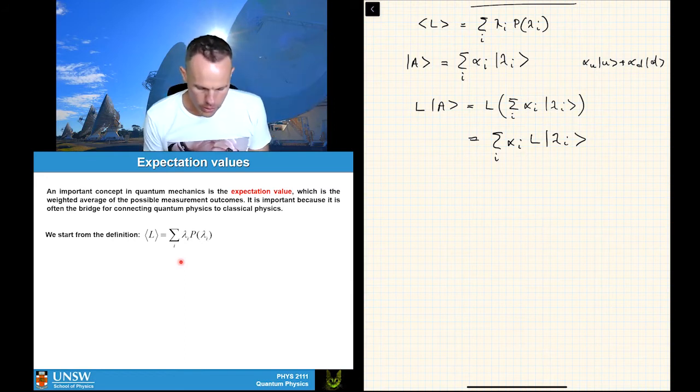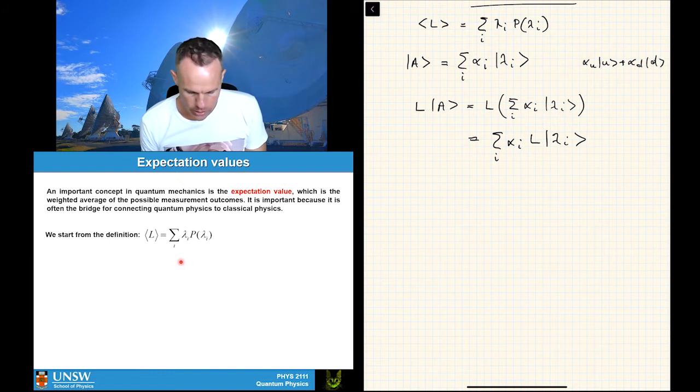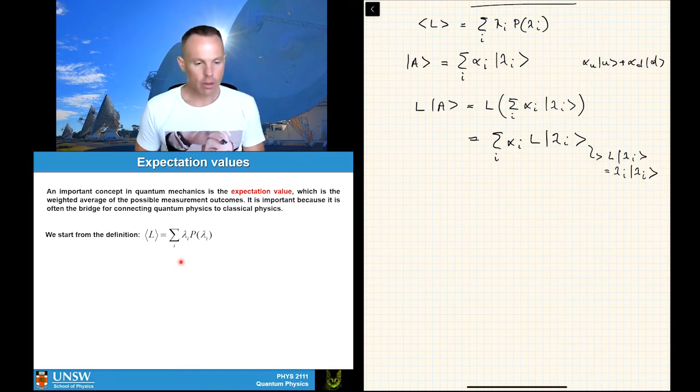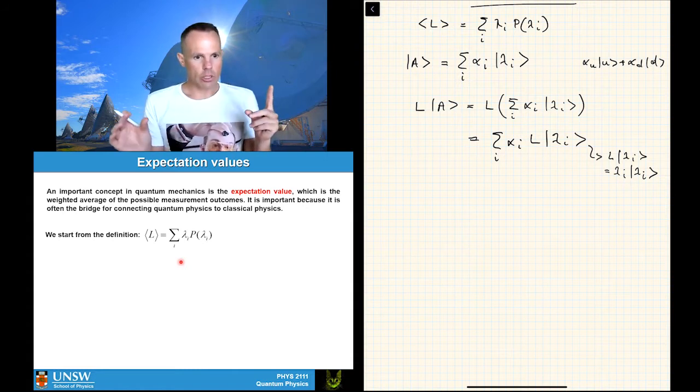What we know from the first half is that if we operate L on an eigenvector, what we will get is the corresponding eigenvalue, lambda i, times that eigenvector back, okay? And we will always get the corresponding eigenvalue.